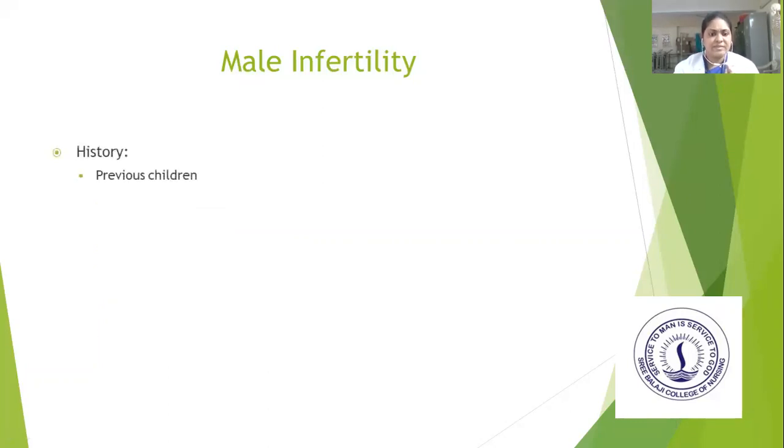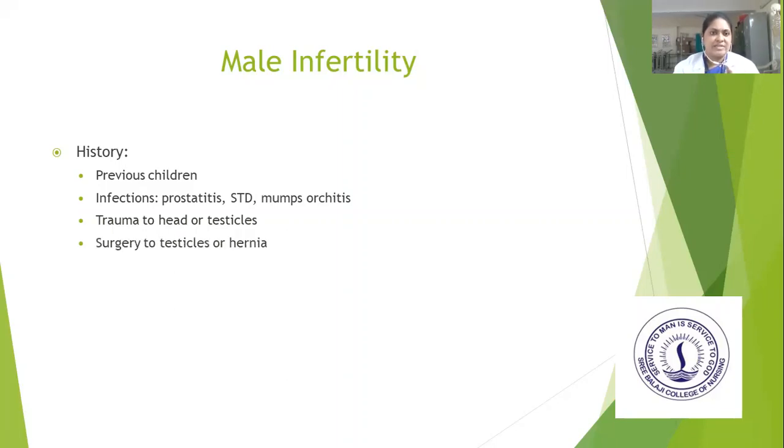And the history: previous childhood infections such as prostatitis, STD, mumps, orchitis, and trauma to the head or sometimes to the testicles, and surgery to the testicles. Sometimes a hernia will also lead to a mild infertility problem.